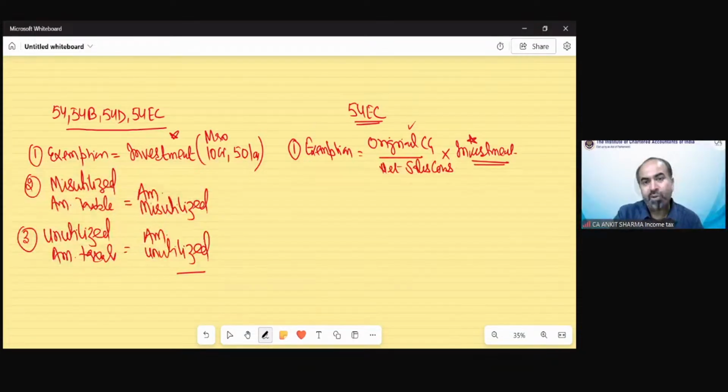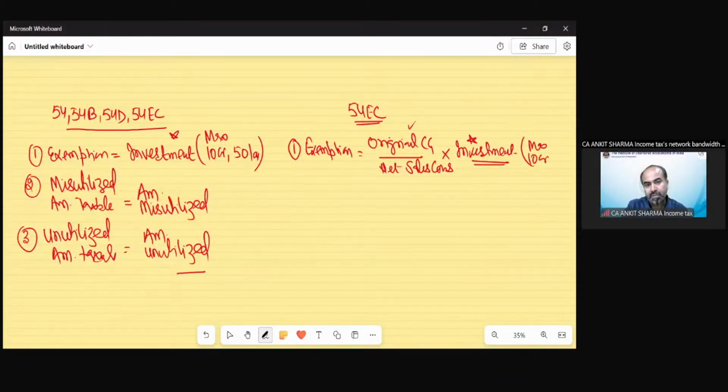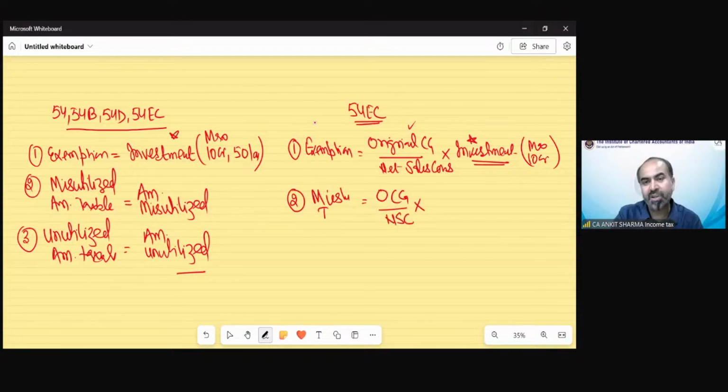The second thing, if you want to find out the misutilized taxable amount, then again we utilize this formula: original capital gain upon net sale consideration into amount misutilized. So you will find the misutilized taxable amount.